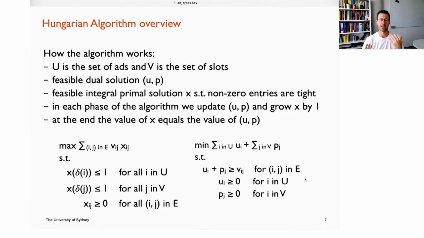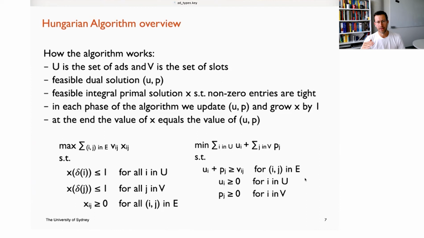As we go along, we keep a couple of invariants, and one of them is that all the non-zero entries in the primal solution, all the edges I'm picking in my assignment, are tight in the dual. So there's equality for that corresponding edge. The algorithm works in phases. In each phase, we update the dual solution by reducing its value. Remember, the dual wants to minimize.